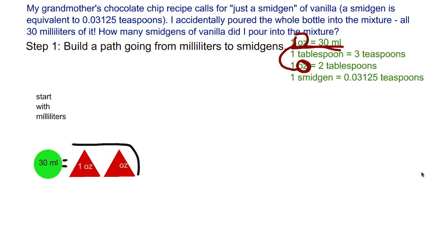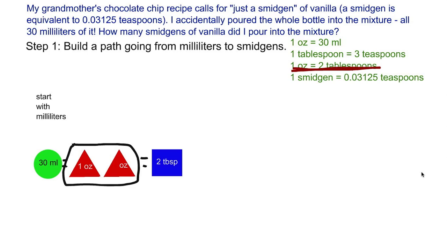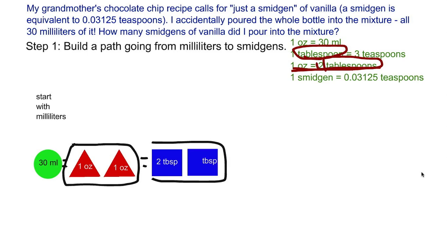So I draw the connection right here. Now we see that 1 ounce equals 2 tablespoons. Now we need to take tablespoons and connect it with tablespoons. There we go, and now tablespoons are connected.